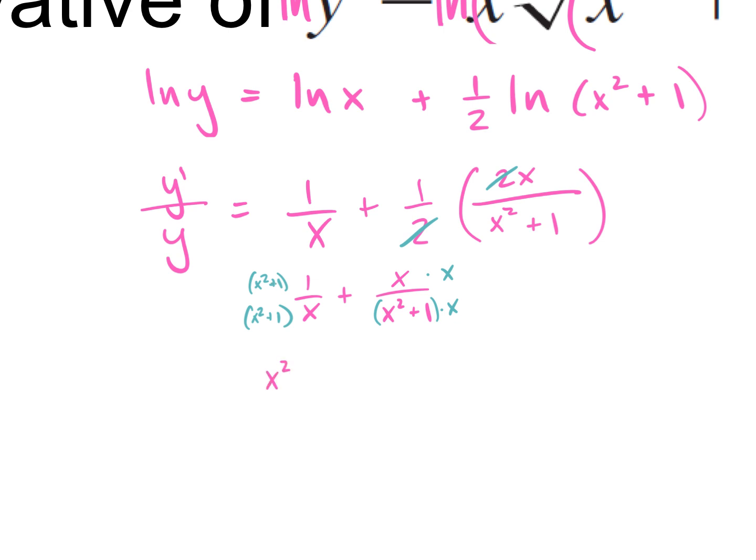So I get x squared plus 1 plus x squared up top, and then on the bottom we have x times x squared plus 1. And we can combine our like terms here too. What's x squared plus x squared? 2x squared.